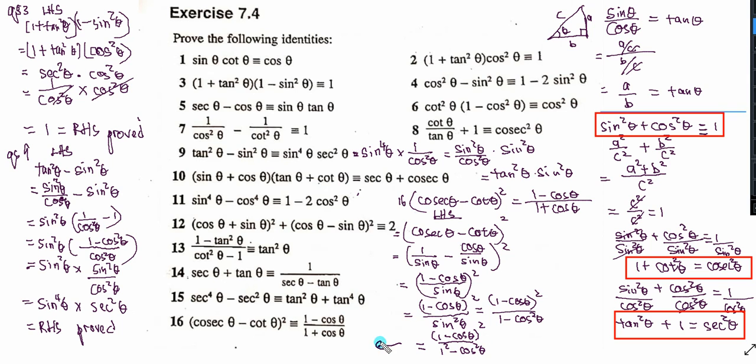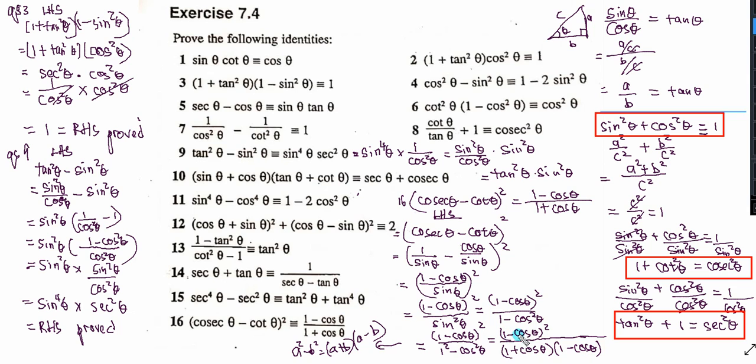Okay, this gives us the case of a square minus b square, which is equal to a plus b times a minus b. So this can be written as 1 minus cosine theta, squared, over 1 plus cosine theta times 1 minus cosine theta.